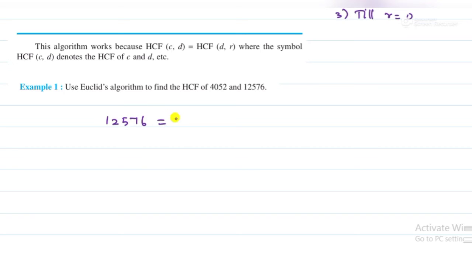So let us consider 12576. When you multiply 4052 with 3 and add the remainder, you get 12,576.